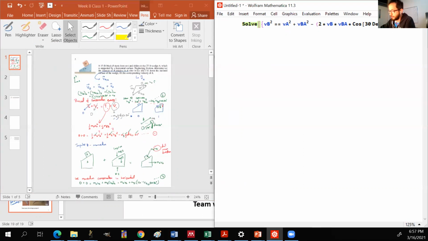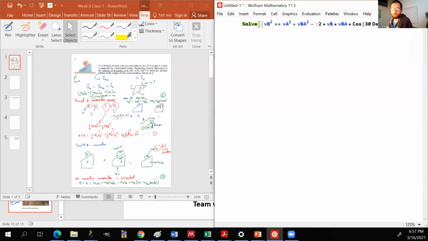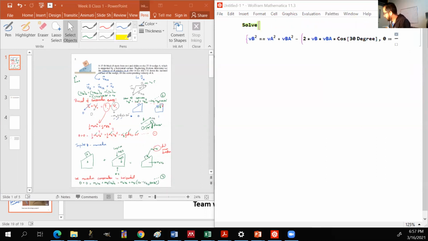So you have 0 is equal to, all right, let's get fancy again. Like the writing assistant, we will enter a fraction in, so we can write our 1/2 in a fancy way. Let's put a bracket outside it. Like that. So 1/2 times MA.